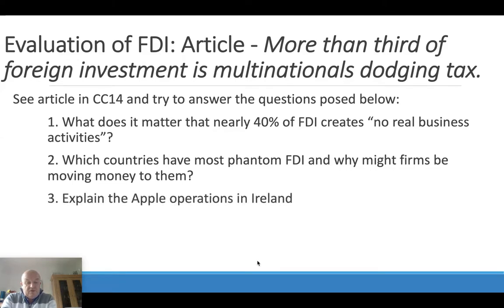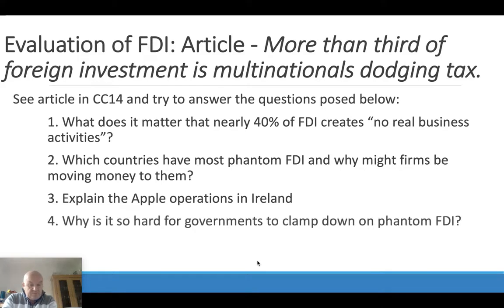The next one, explain the Apple operations in Ireland. Well, that's a proper can of worms if you care to open it, and there are lots of articles on the web that explain some of the issues that were being faced. And finally, why is it so hard for governments to clamp down on phantom FDI?